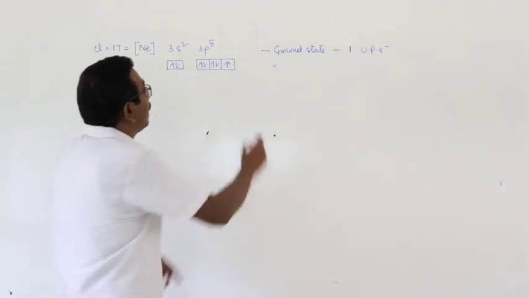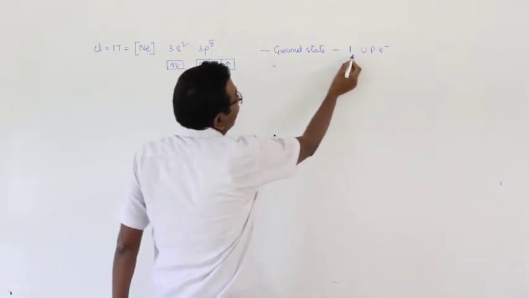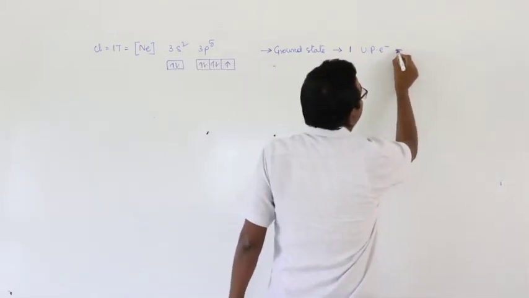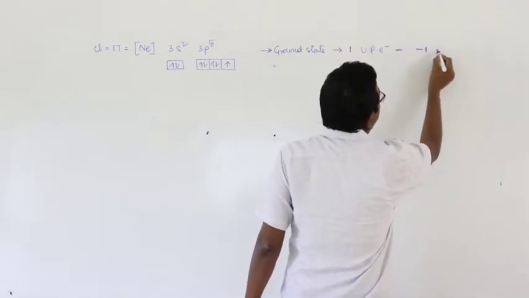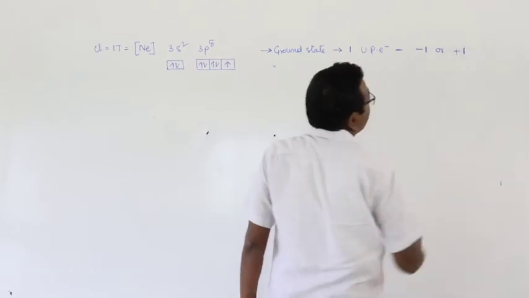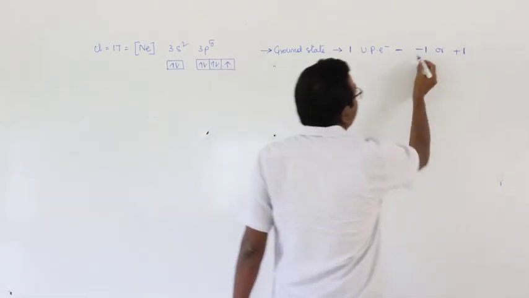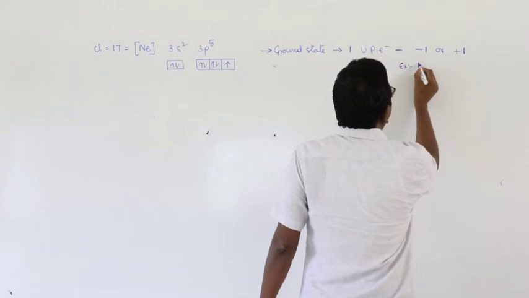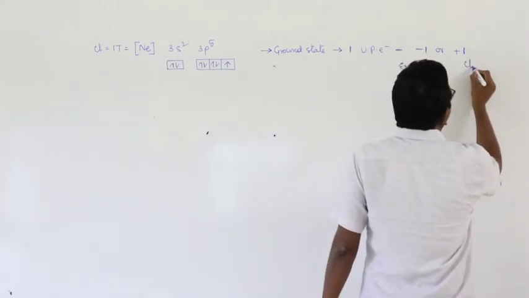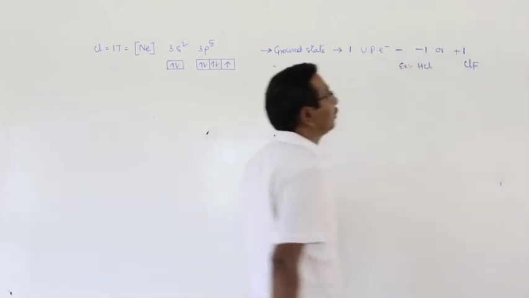Therefore, chlorine exhibits either -1 or +1 in the ground state. For -1, example HCl. For +1, example ClF.